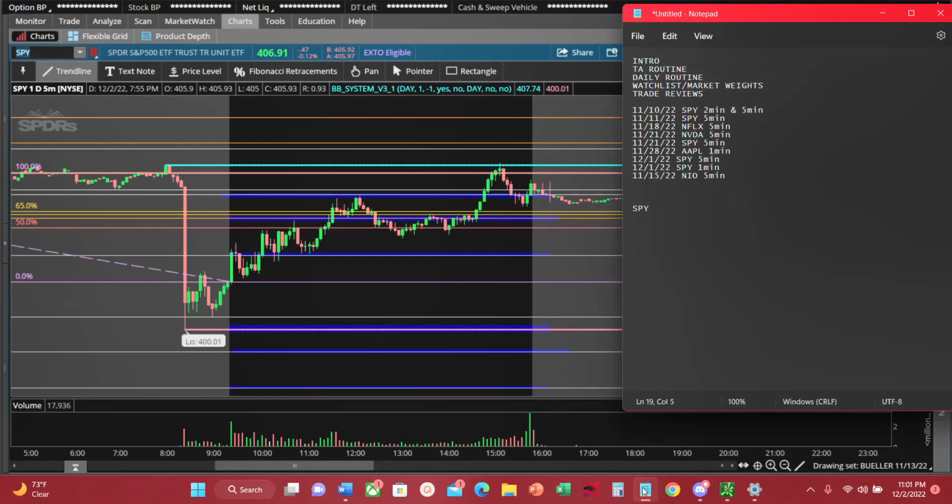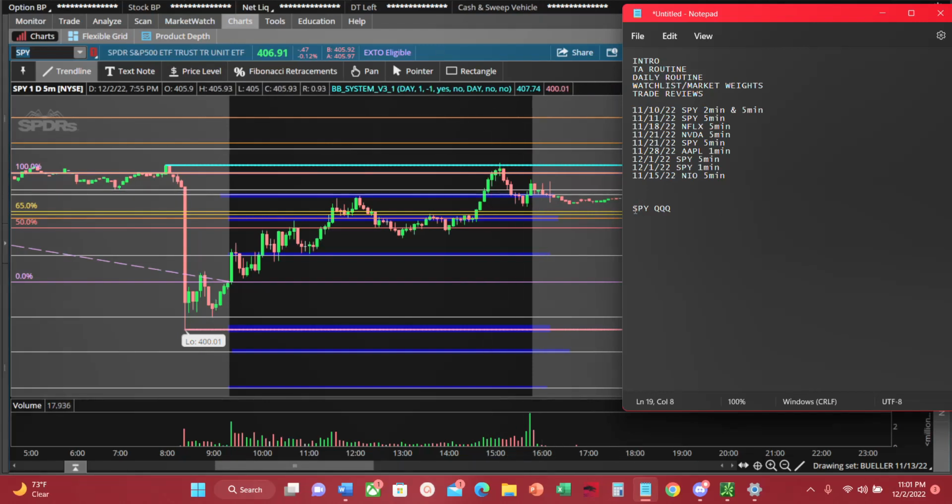Number two, probably the QQQ. This is the NASDAQ 100. The NASDAQ 100 is pretty much mainly tech. Apple, Microsoft, Nvidia, I believe those are the top three weights of QQQ. It's either Nvidia or Amazon, which is the same as SPY.